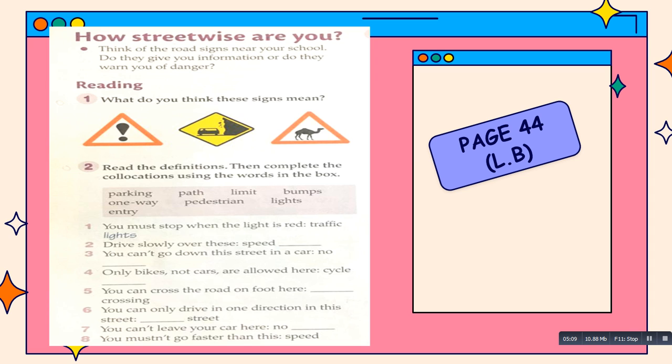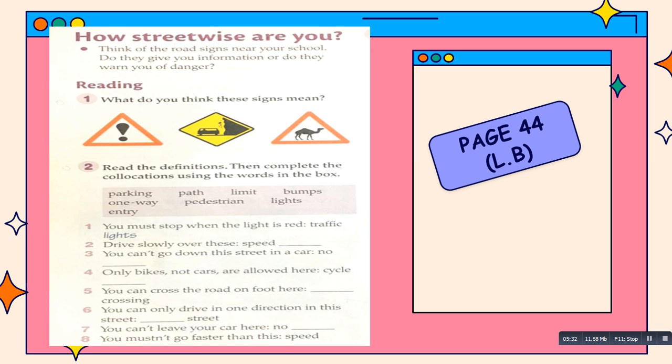Number two, drive slowly over these. So what is the word which goes with the word speed? Is it speed parking or speed path? Is it speed limit, speed one way, speed pedestrian, speed lights or speed entry? What is the correct answer? Yes, it's speed limit. You see the word speed and limit, they go together.